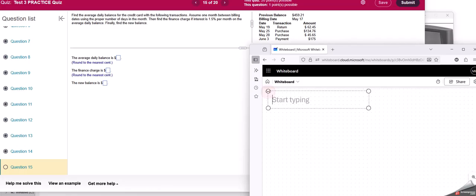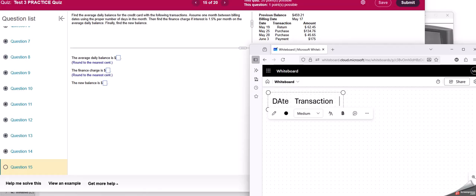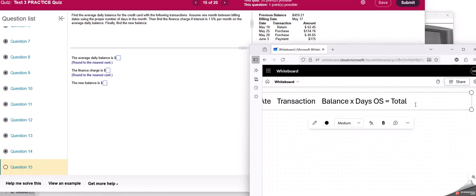I just didn't like that it was over the, okay, so date, transaction, balance, times days outstanding, and that's going to give us our total.